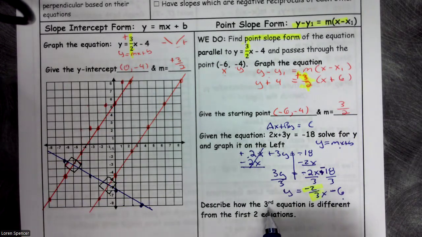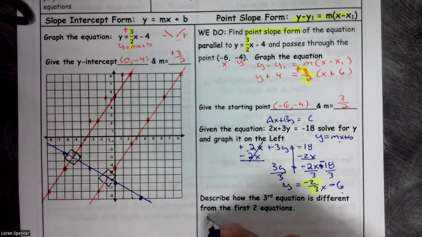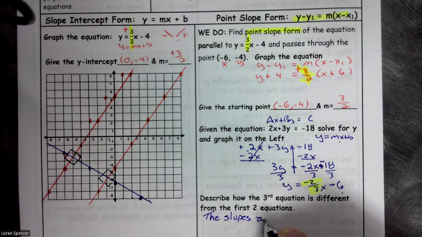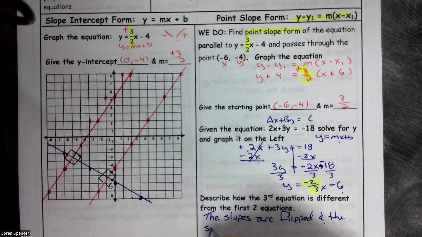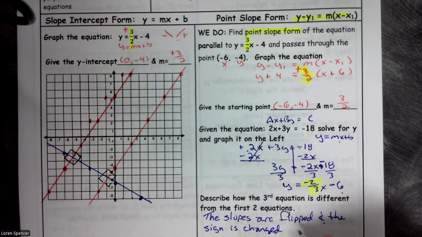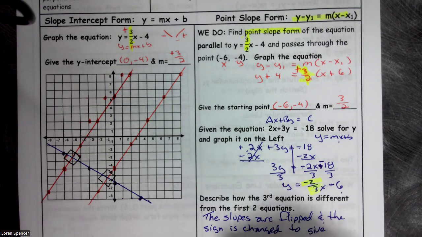So how are they different? The slopes are flipped and the sign is changed to give a perpendicular line.